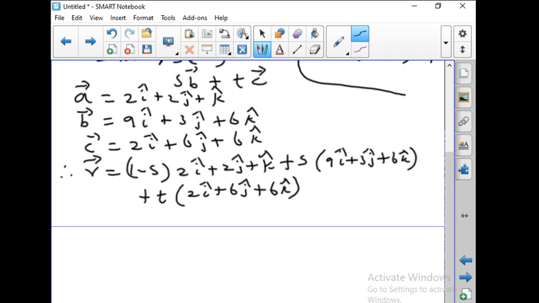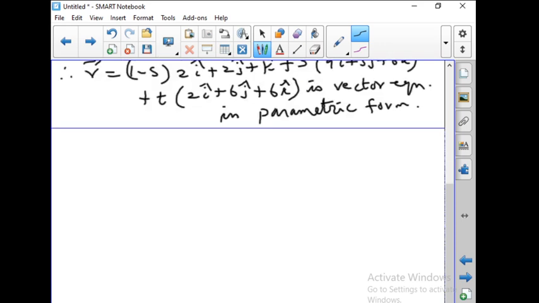Okay, this is the vector equation in parametric form. So next we will go to the Cartesian equation.